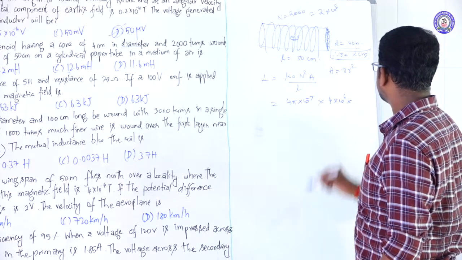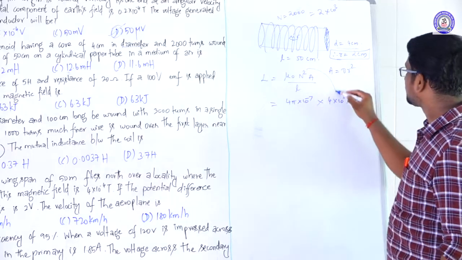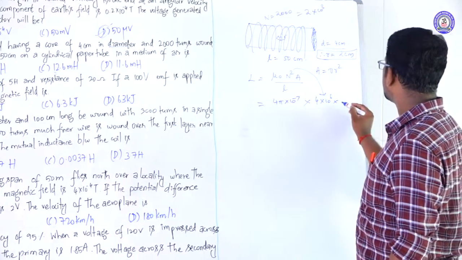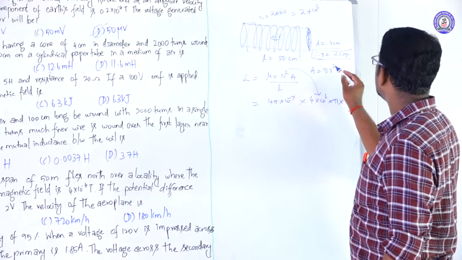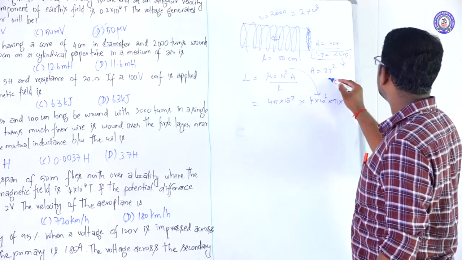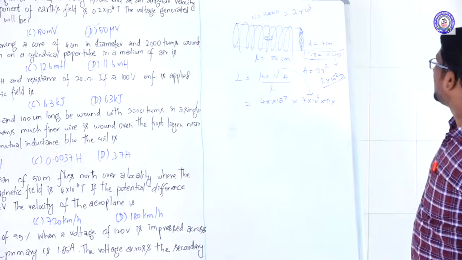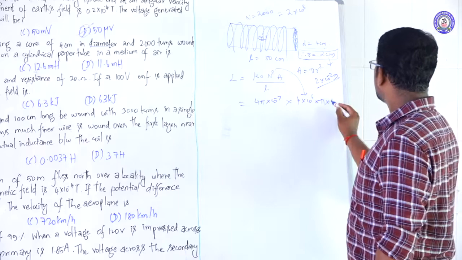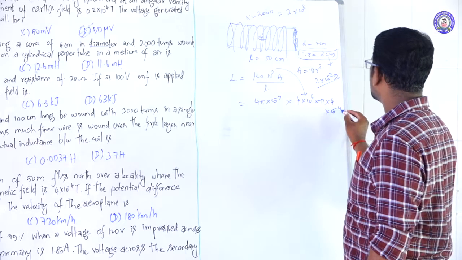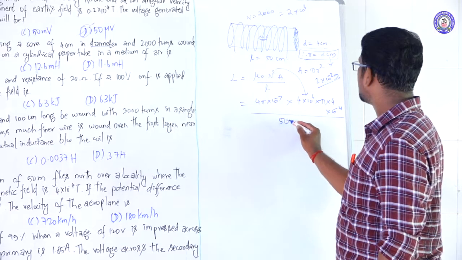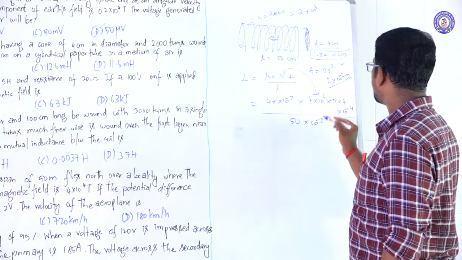Next, area of cross section pi r square, so pi into r value 2 cm or 2 into 10 power minus 2 meter. So r square is 4 into 10 power minus 4, divided by the length of the tube, 50 cm or 50 into 10 power minus 2.